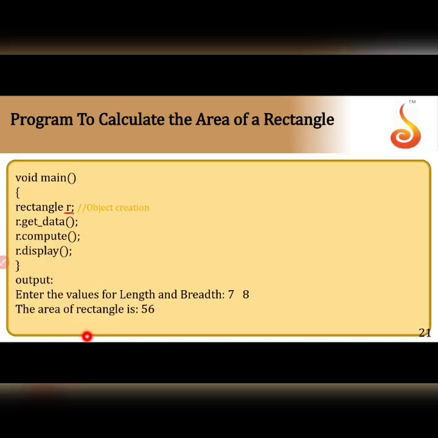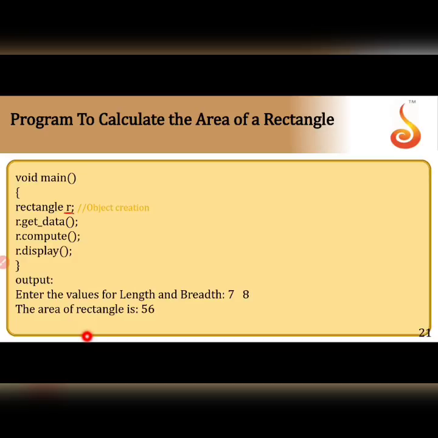So R is an object of rectangle, and using the dot operator, object dot the function name. Since all the three functions or member functions or methods are declared in public, I can access it outside the class using the object and the dot operator. So I have to be very careful with the order.